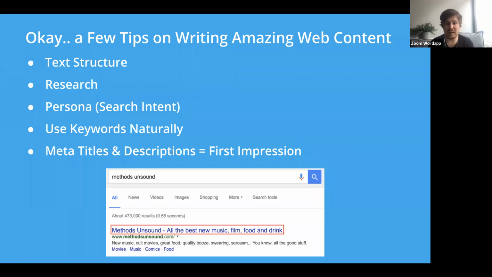You can imagine that if you're searching for a new series to watch on Netflix, for example, you are looking for things like top series or new series in a certain month. And these things will actually convince you to click. So this is something that very closely fits with the persona. And you want to make sure that your meta title and description is something that you spend some actual time on.